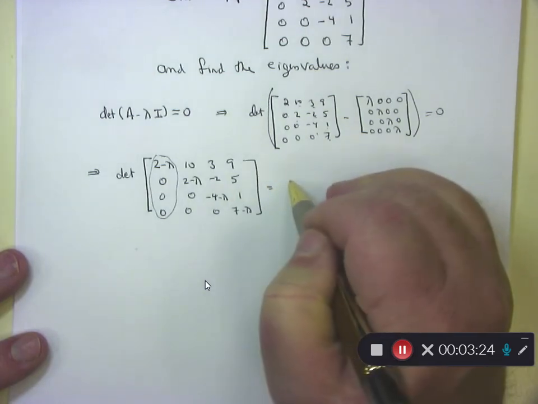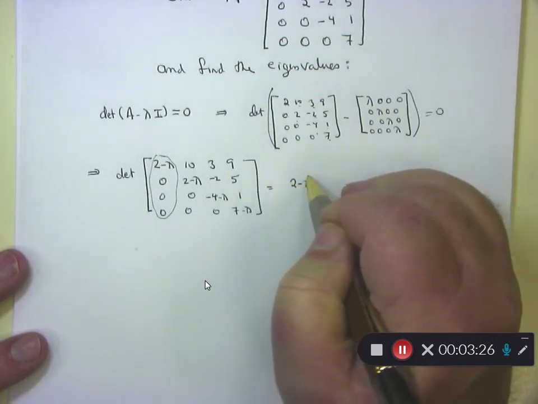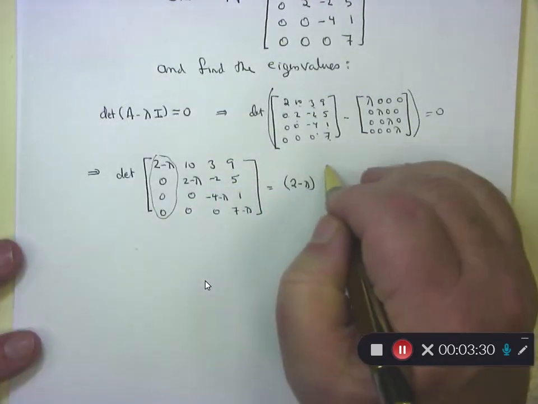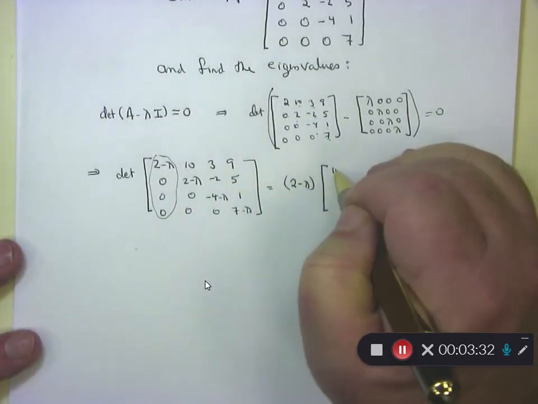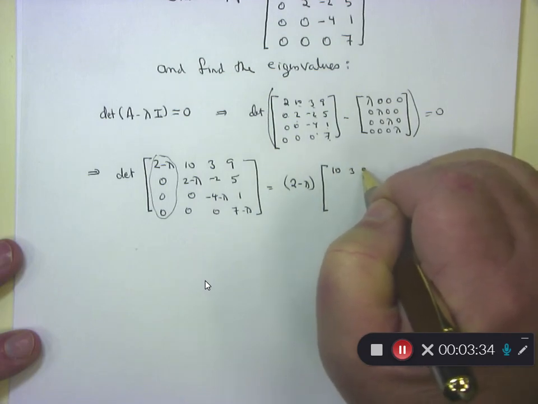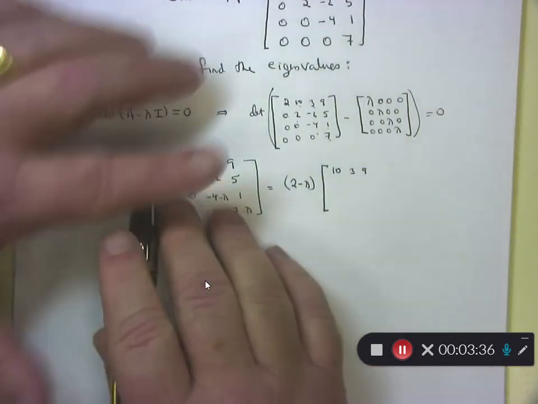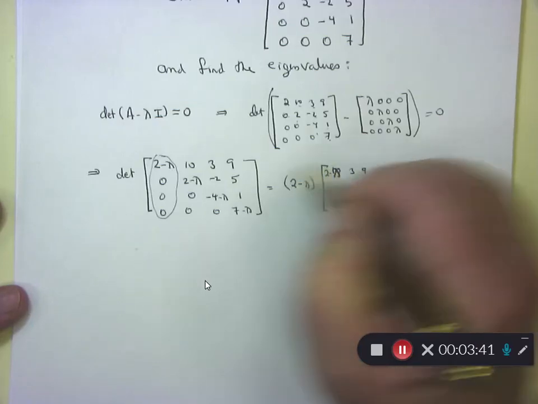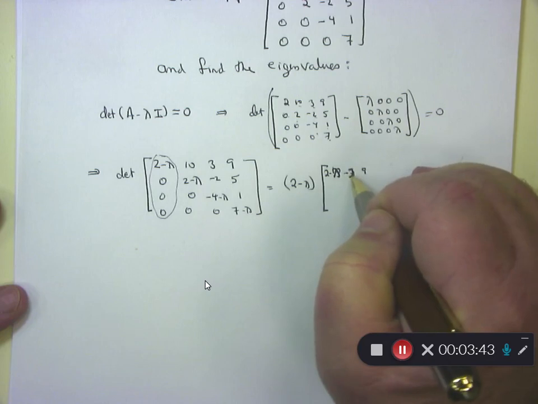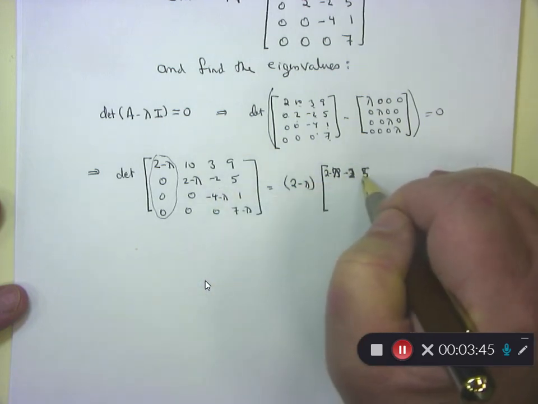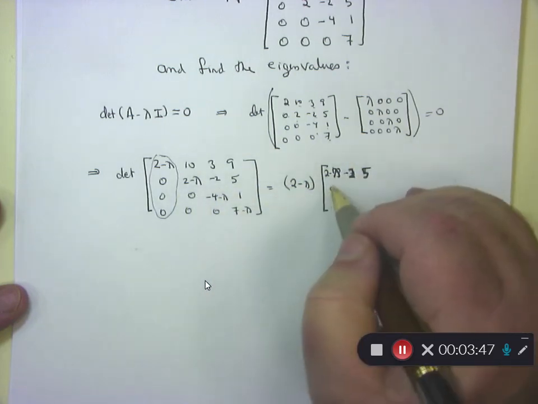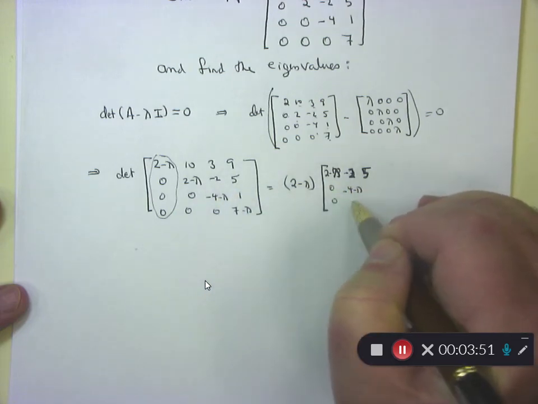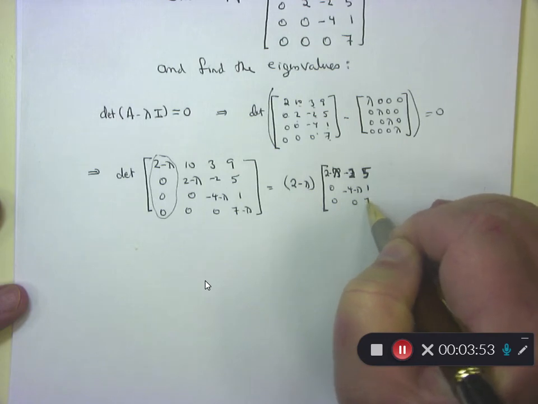This would be equal to 2 minus lambda times the minor matrix. When you knock that row and column off, you end up getting this: 10, 3, 9 off, it gives you 2 minus lambda, negative 2, 5, and then 0, 0, negative 4 minus lambda, 1, 0, 0, 7 minus lambda.